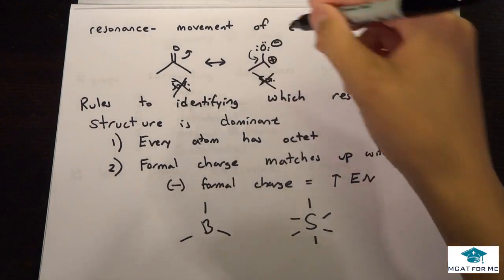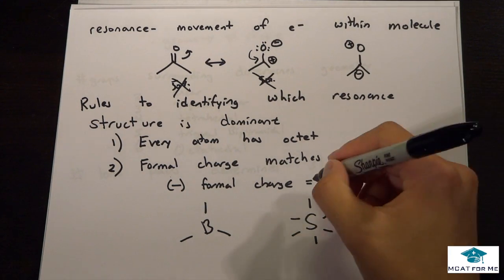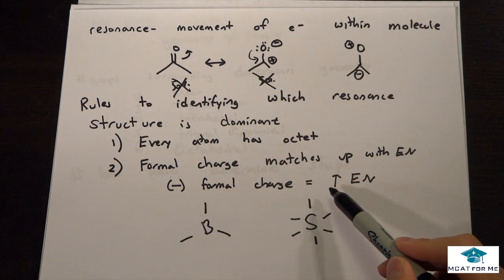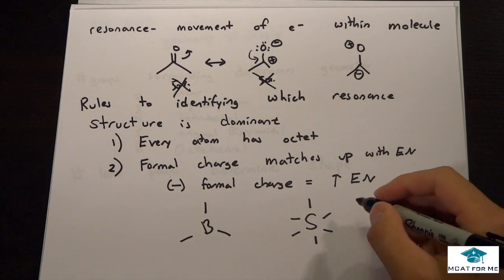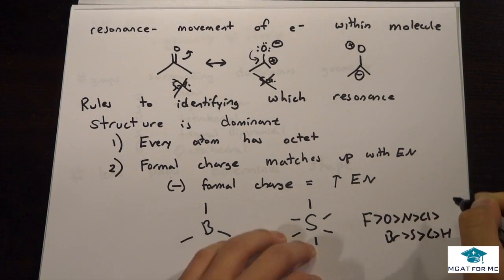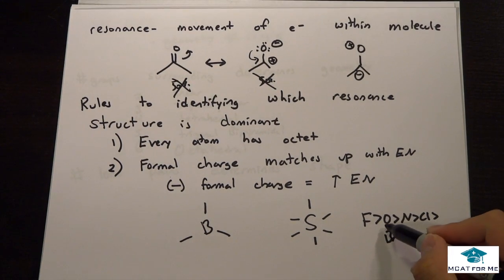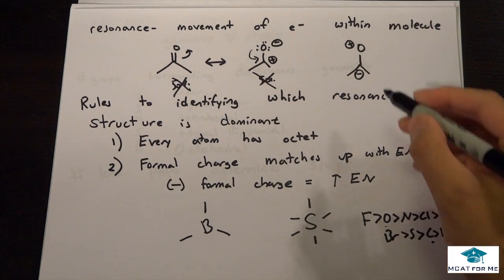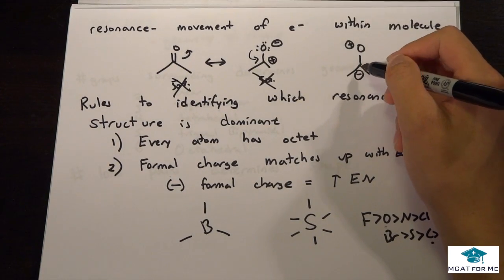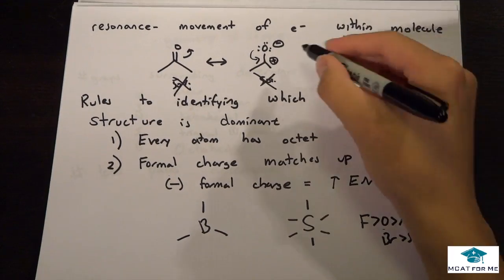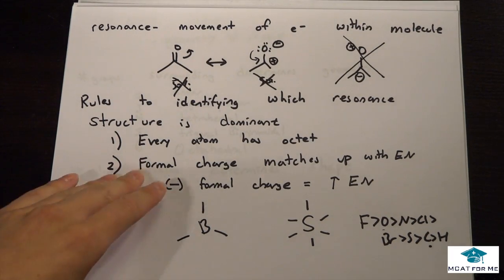Well, between these two right here, which will be the predominant one? Well, if you remember, we want the most negative formal charge to be on the one with the highest electronegativity. And this is where formal charge comes in handy. And so if we notice, O is much more electronegative than C, right? So O should have the most negative formal charge. So in this case, O has the positive one and C has the minus one. So that would not be the right one, right? Because in the other case, the O has the most negative charge, most electronegative. That makes sense, right?